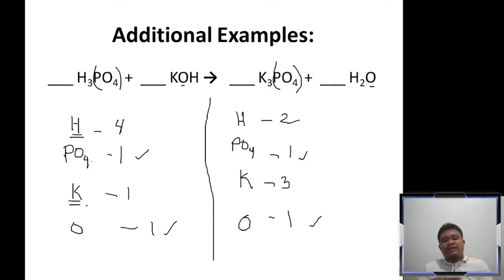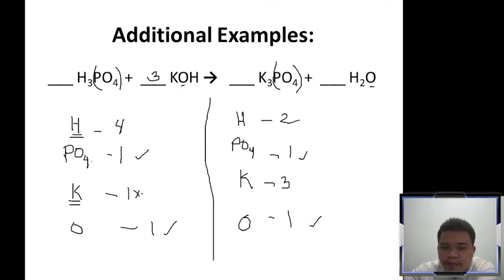So let's balance them. As I've said before, if there are hydrogens in your compound, you balance them after you balance the metal. My metal here is potassium, which is K. K on the right side is 3 and K on the other side is 1. So in order for me to balance this, I will do some tweaking on the left side to make this potassium 3. So I'm going to write a coefficient of 3 here to make my potassium 3.